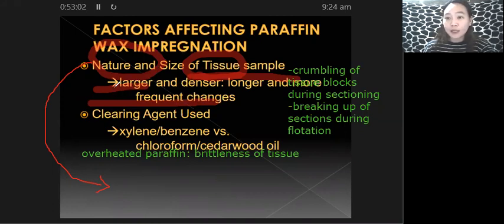One of the factors that you have to consider in paraffin wax impregnation is when you are processing larger and denser tissue samples. So what is the requirement for larger and denser tissue samples? You have to perform impregnation longer. That's the problem here.